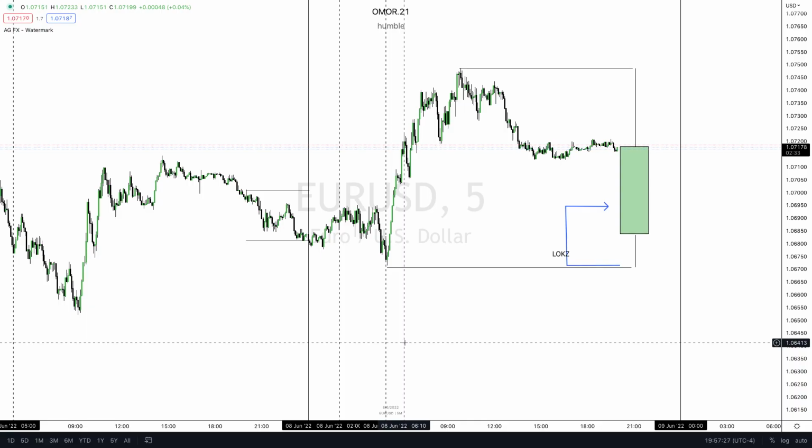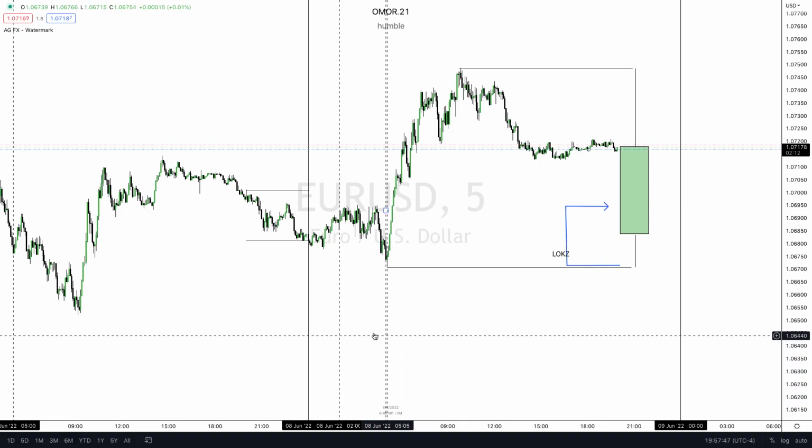Now, the London session. Why is the London session so significant? The London session is an extremely volatile time for the market. When the London session starts, there is an injection of liquidity within the market, right?